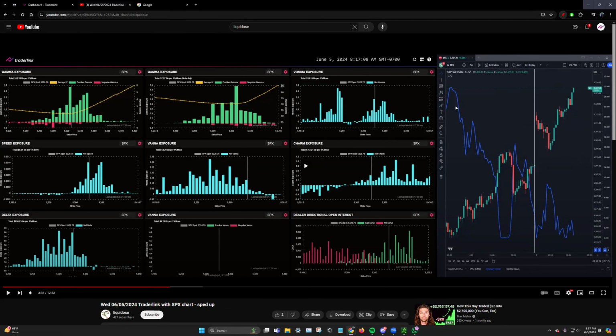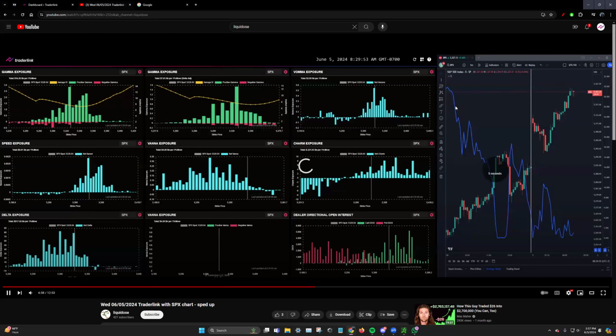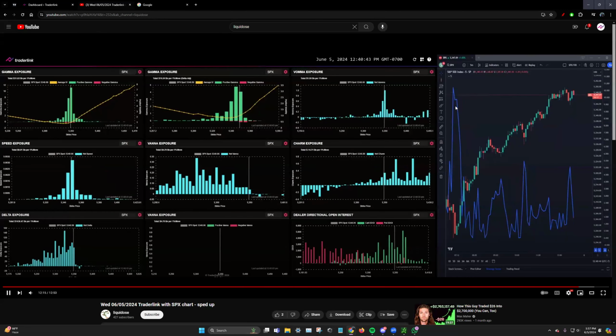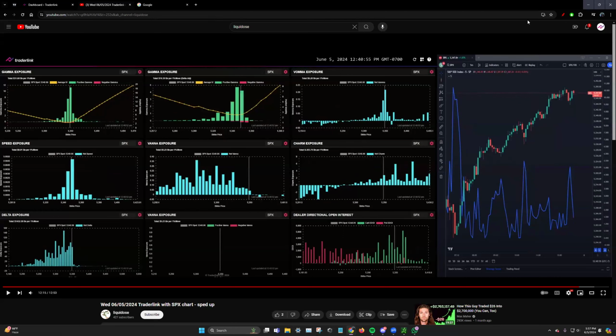So let's go to when we were getting to 50, which is basically end of day. So we're at 50. Look at that. This is what no pickup looks like. This is when you can say, okay, we're probably not going higher. And on top of that, look at the skew of IV. On top of that, Vanna flip. So these are your key identifiers that we're likely to not go higher.